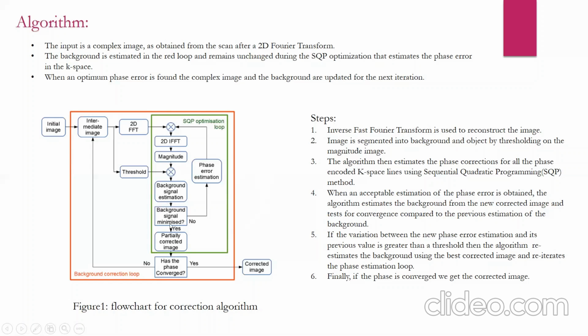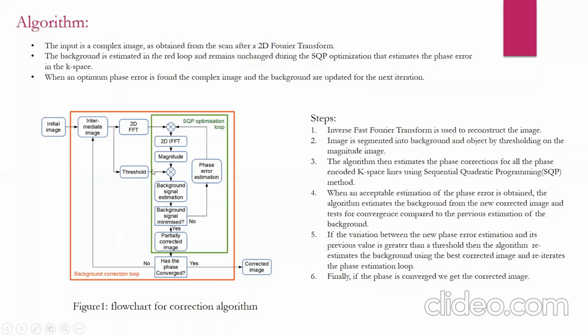After getting a partially corrected image, we again perform the segmentation and extract the background from the partially corrected image. For this background, we again apply the SQP optimization loop to get the phase corrected image.